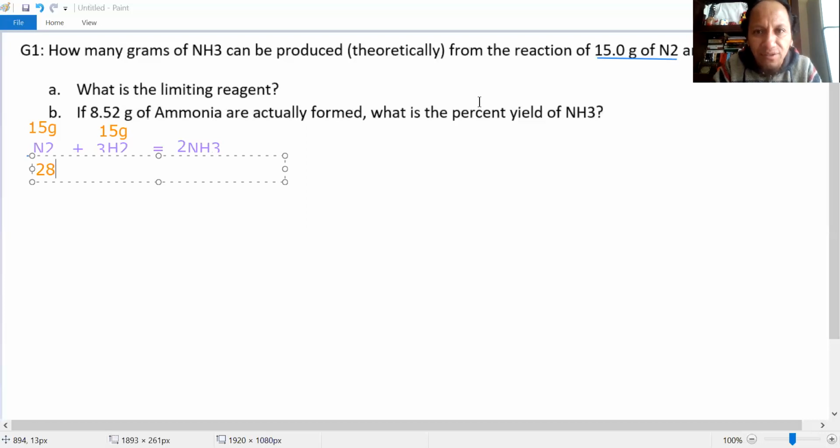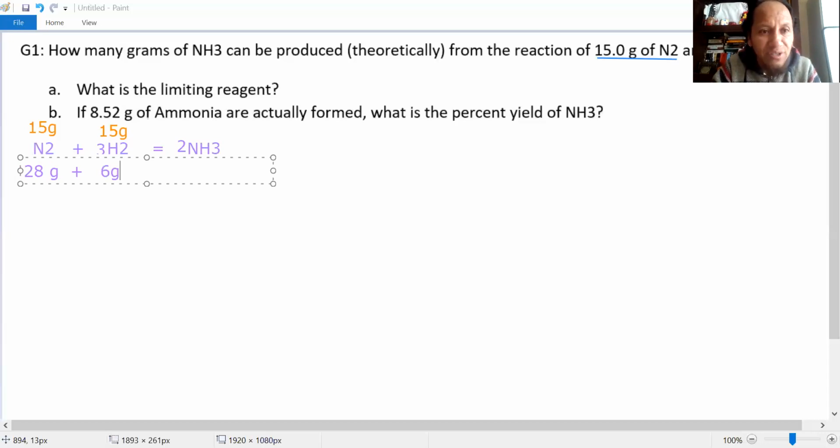I want to use another color for that one so you can see it, saying that's the mass actually from the reaction. I'm going to use the same color and copy it there: 28 grams of nitrogen plus 3 times 2 is 6, so in total 6 grams of hydrogen, because each hydrogen is 1 gram.